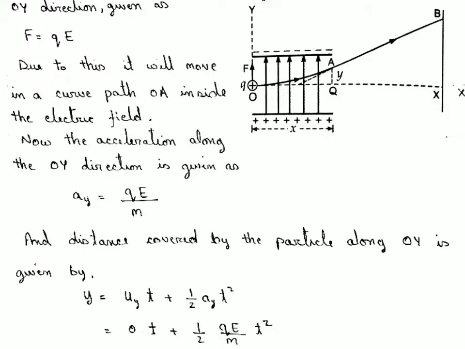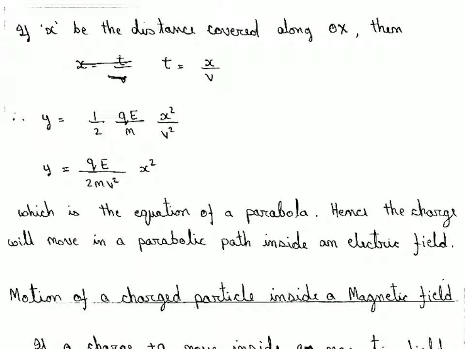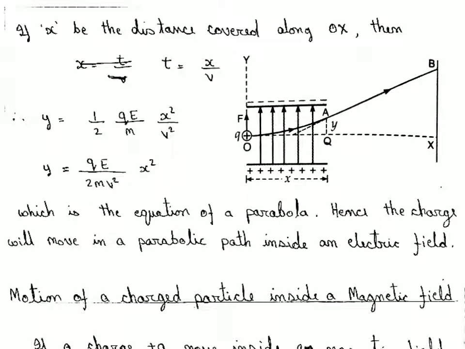Now we'll have to eliminate this t. From the diagram, the distance covered along the OX direction is given as x, and v is the velocity in the OX direction.